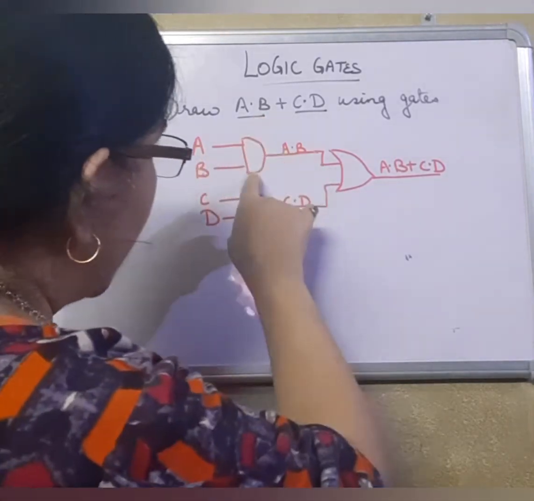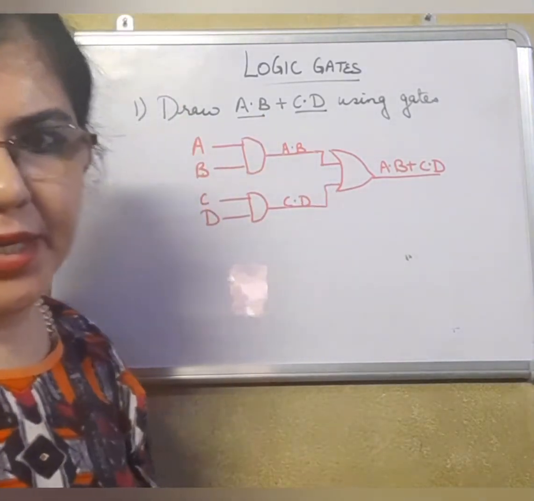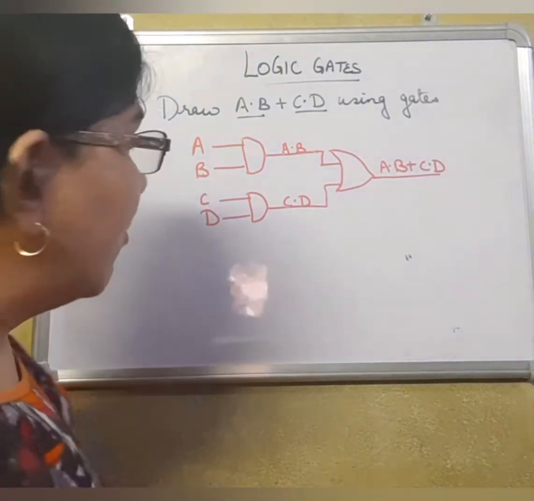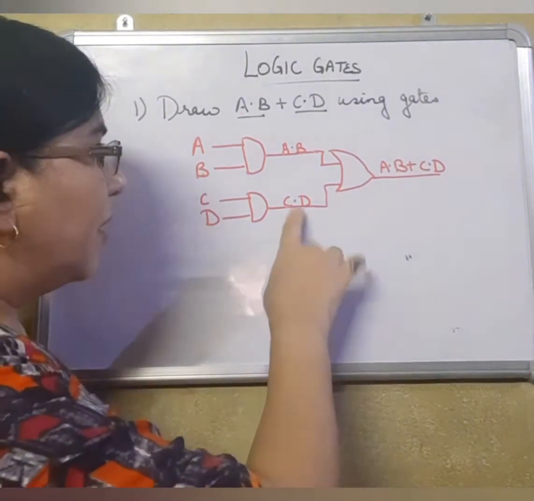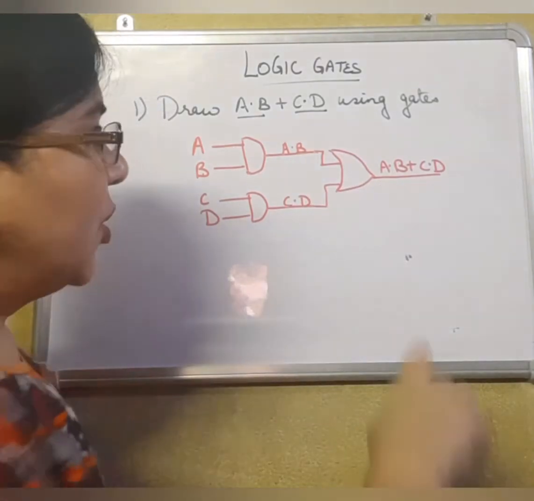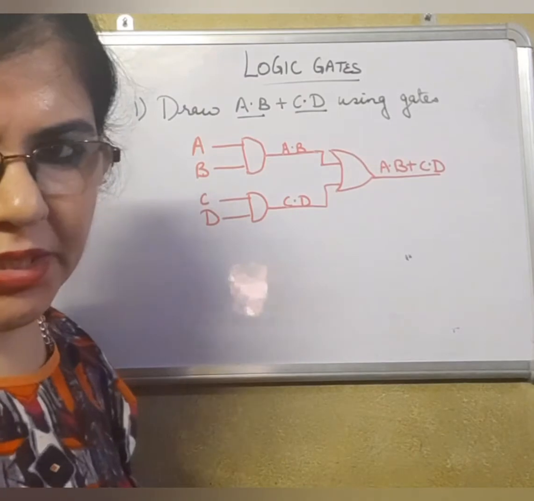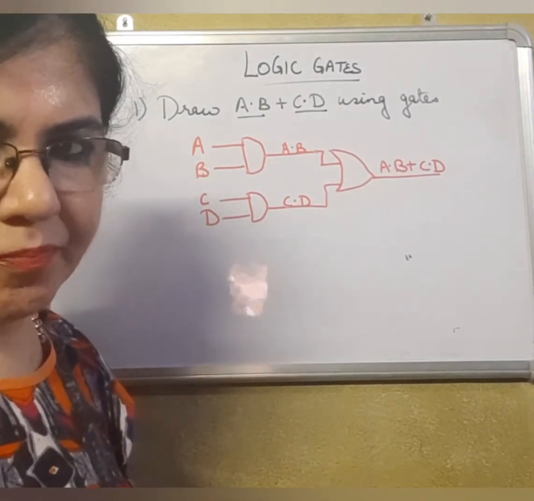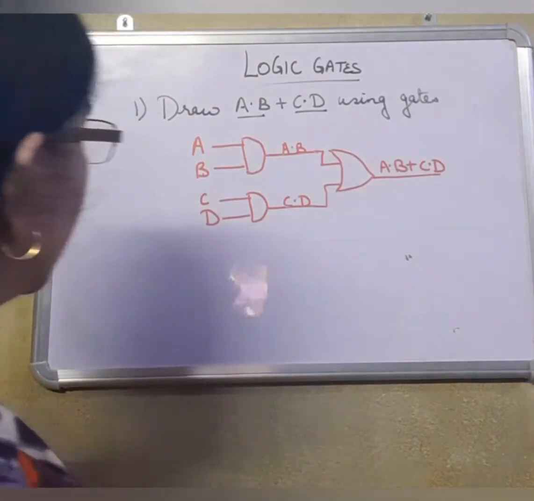So dot requires an AND gate. So we have made an AND gate. Then C dot D, AND gate. Again we have made an AND gate because of dot. All of them have to be joined by an OR gate. So we have made here an OR gate, which is joining A dot B plus C dot D. Now let's look at the other question.